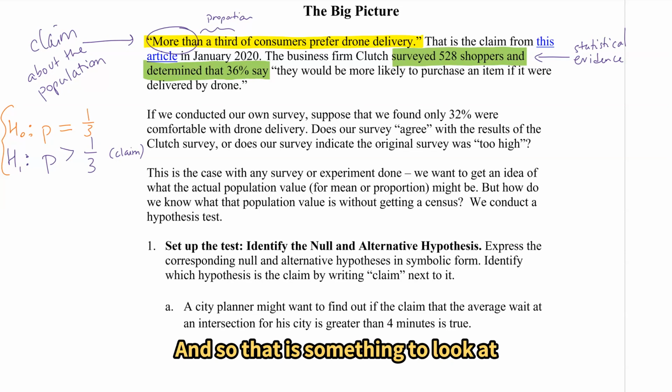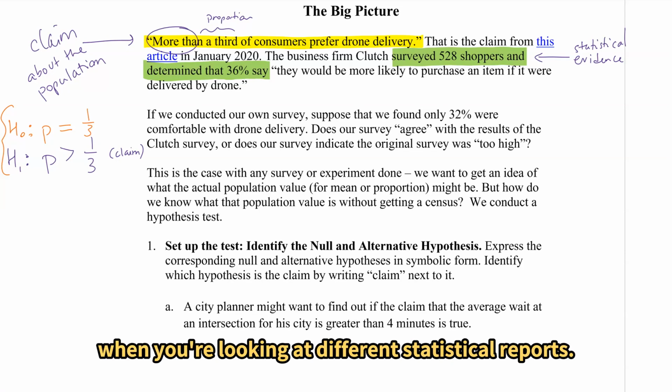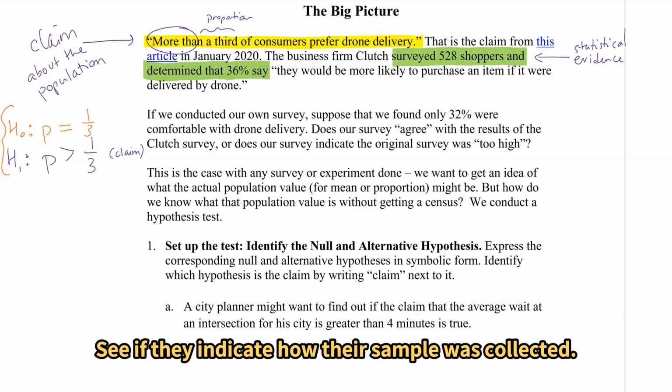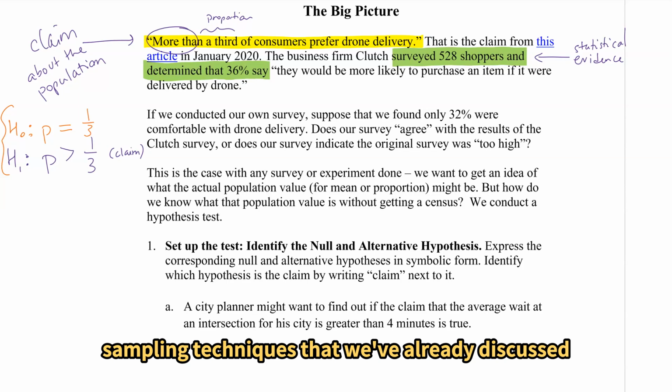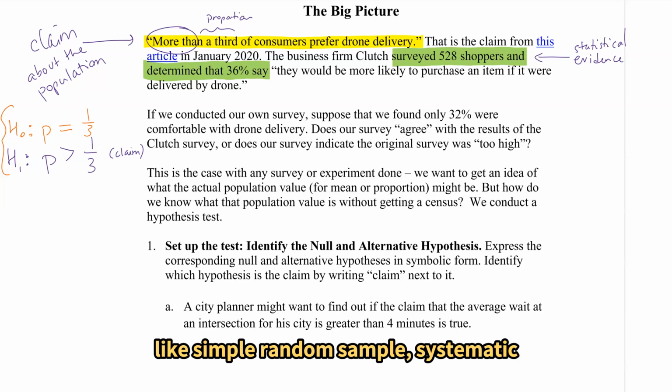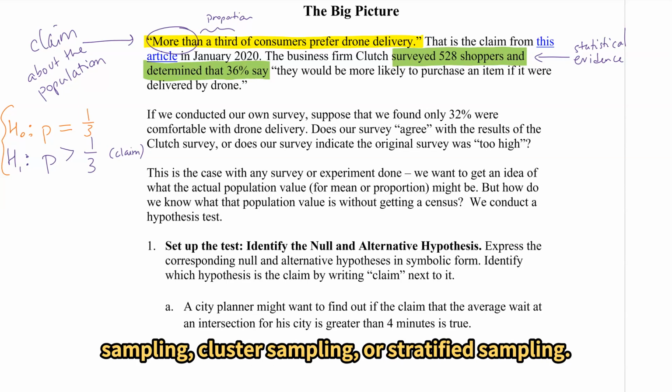We do need to be careful with how we're choosing the sample. And so that is something to look at when you're looking at different statistical reports to see if they indicate how their sample was collected. You want to make sure it's one of the approved probability sampling techniques that we've already discussed, like simple random sample, systematic sampling, cluster sampling, or stratified sampling.